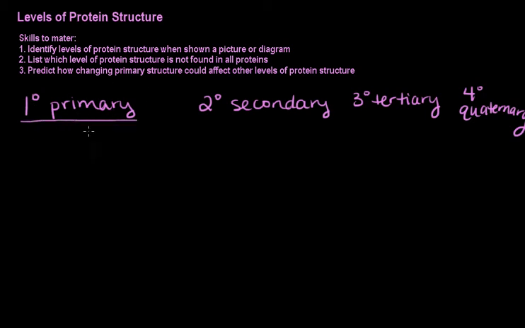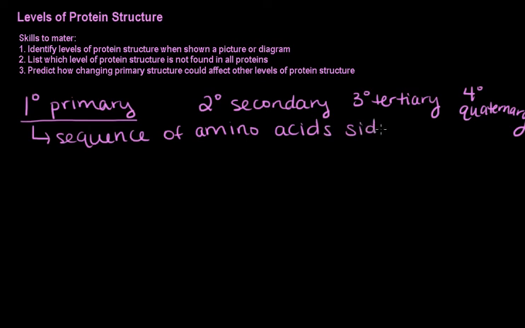Primary structure is the sequence of amino acids in an actual protein structure. Really, it's the sequence of amino acid side chains, because amino acids are made of the backbone and the side chain. The backbone's the same in every single one, but the side chains are different. So that's what we mean when we say the sequence of a protein.